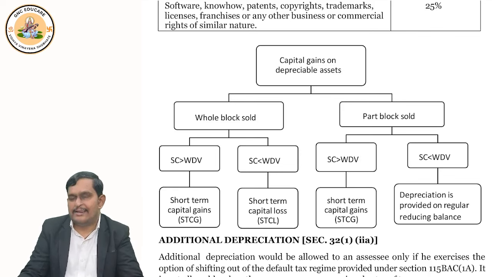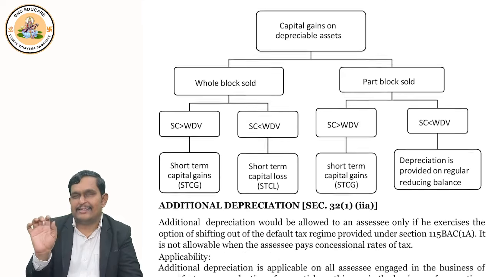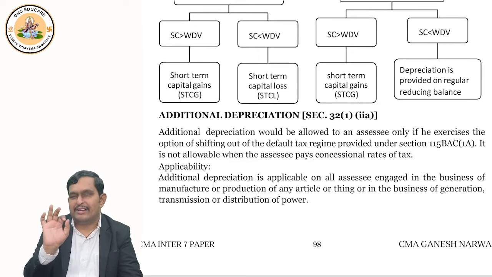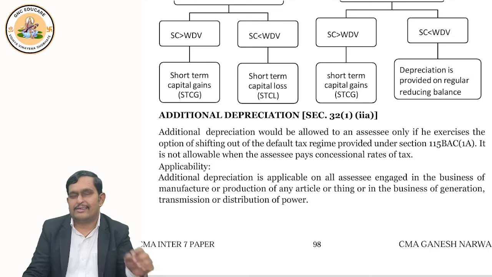So can we deduct additional depreciation? No. Right? So if you are filing under 115BAC, you will deduct only normal depreciation. That's it. But suppose you are filing return under the optional, old, regular tax regime, then you will say less normal depreciation, less additional depreciation.